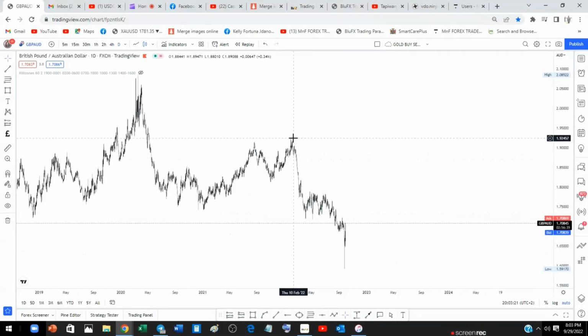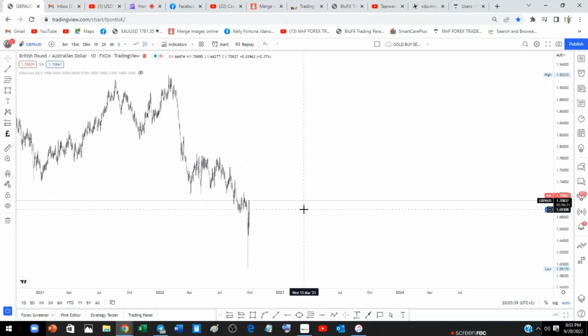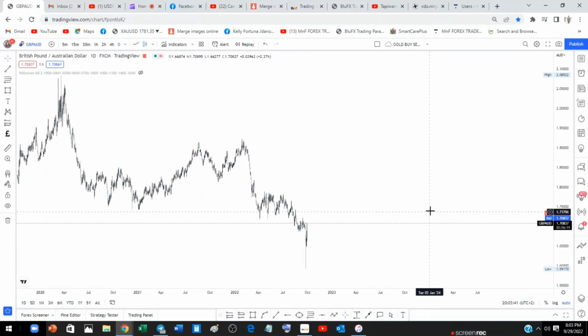We can clearly see that this market has been in a downtrend for a long time, right? So finding selling opportunities would be the most ideal thing to do, since we want to trade in the direction of the major trend.